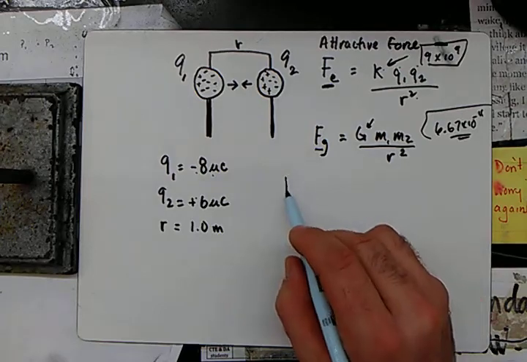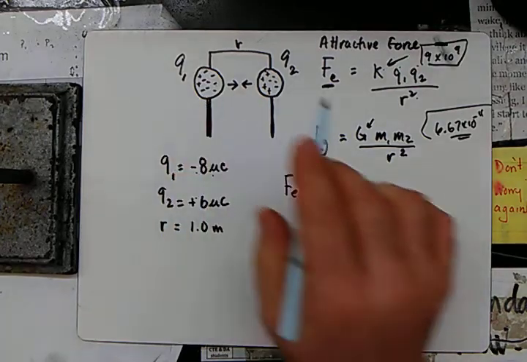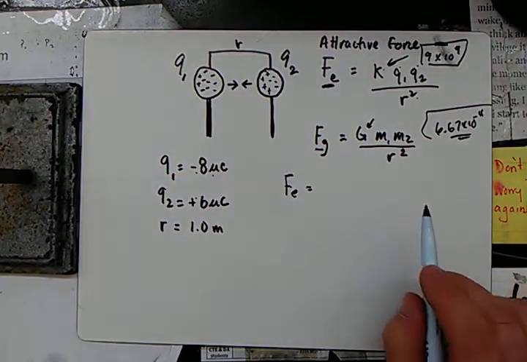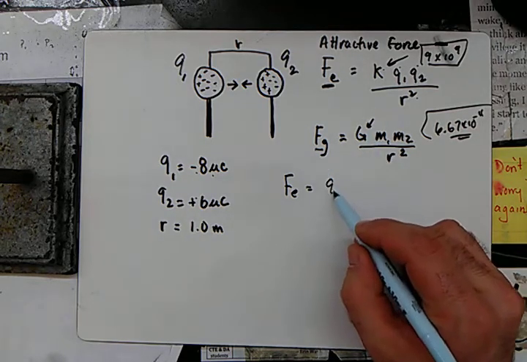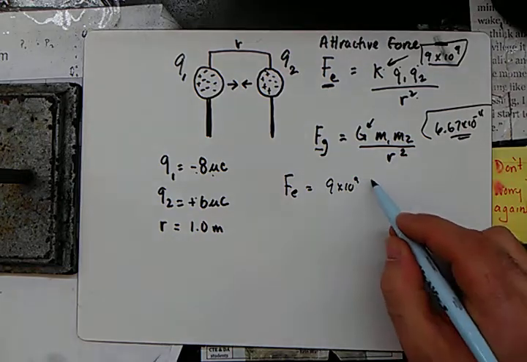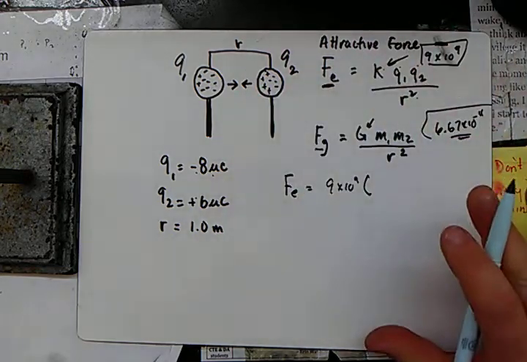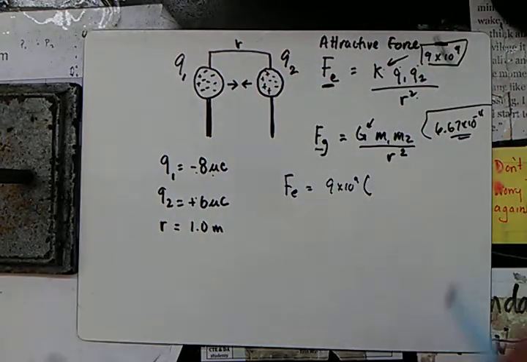So if we wanted to find the force exerted between these two objects, all we would do is use our K value, 9 times 10 to the 9th. Now we're going to get into some crazy exponents here.